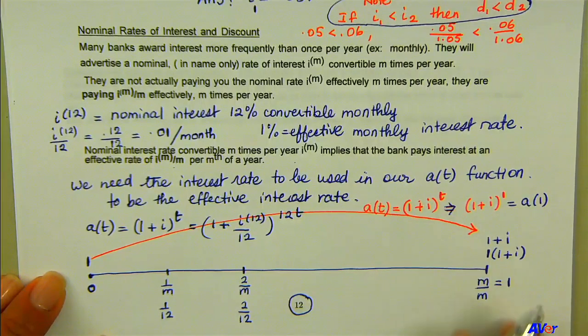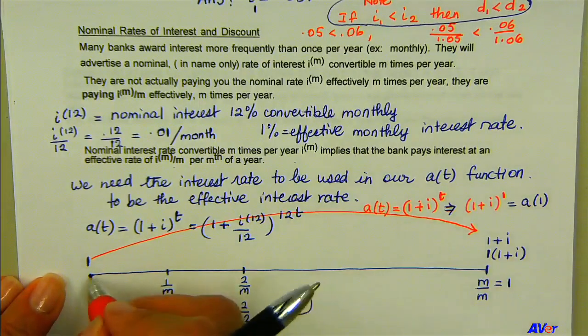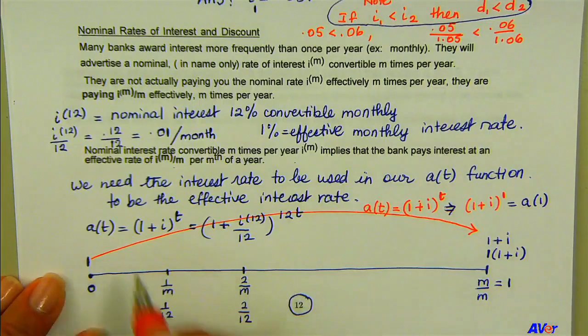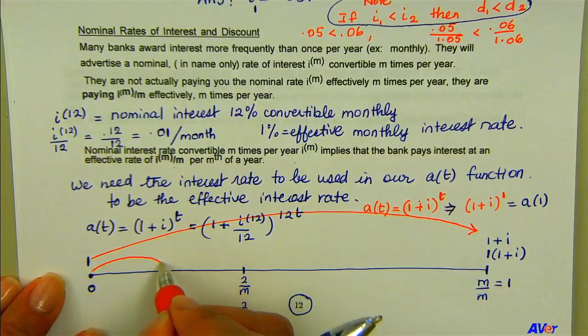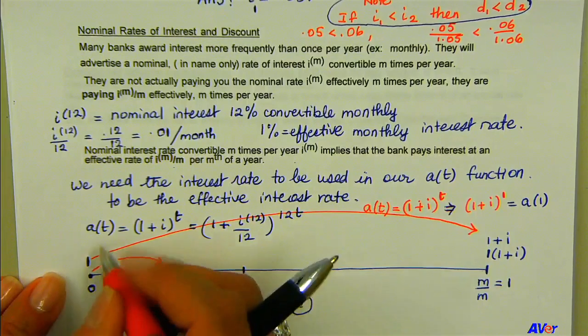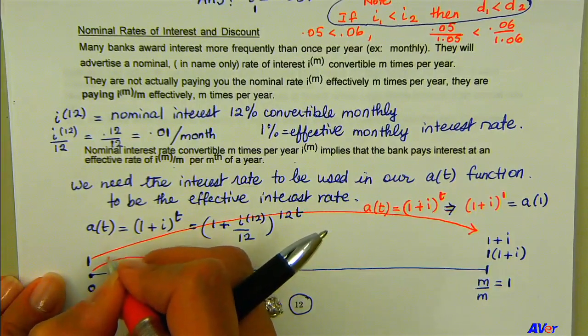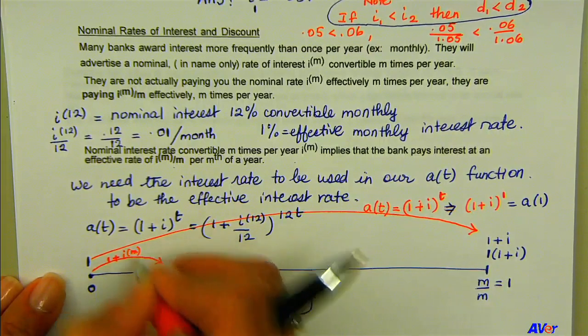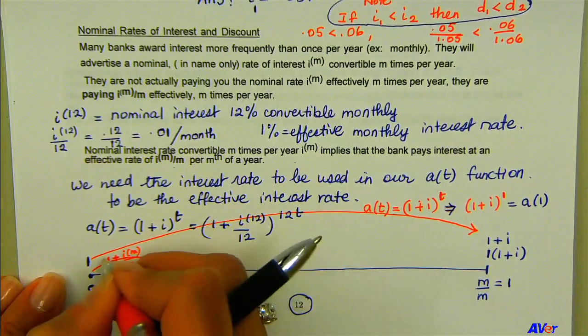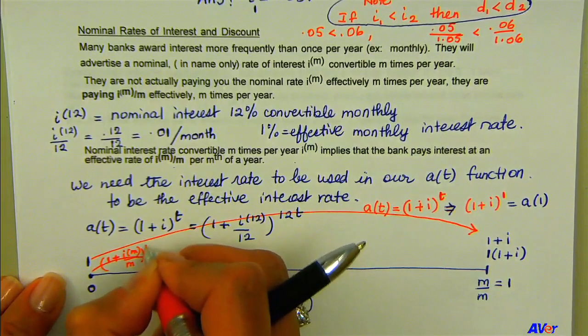So now I'm interested in writing this A of t function in terms of i^(m) over m. So let's think about what's going on here. I start at time 0 with $1, and then this $1 grows at 1%. So this little a of t here is (1 plus i^(m) over m) to the 1 power.